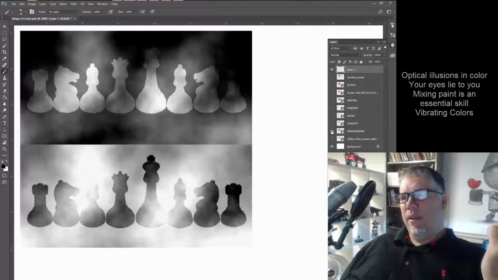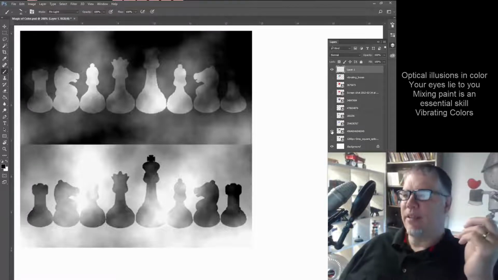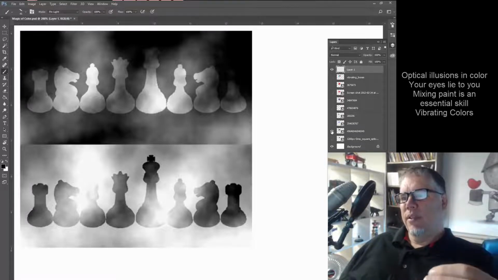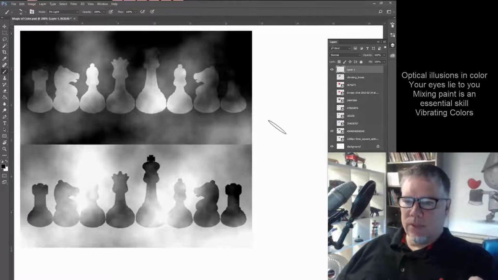And so rather than mixing paint as you go, it's logical to mass produce a quantity of paint, mix up the color, and then the color's the same throughout. But that is a bad way to paint. It's not a good way to paint, and the reason for that is that light and shadow conditions are constantly changing the value of those colors. All right, and what I mean, let me show you this.